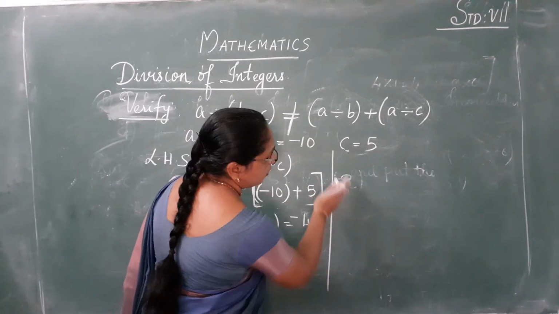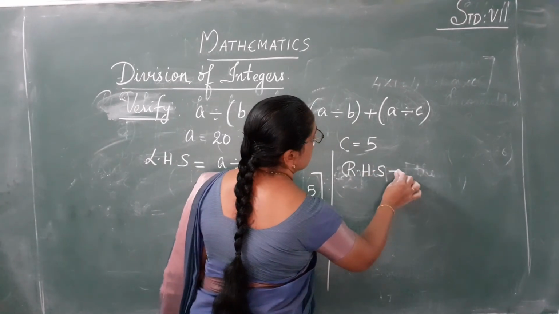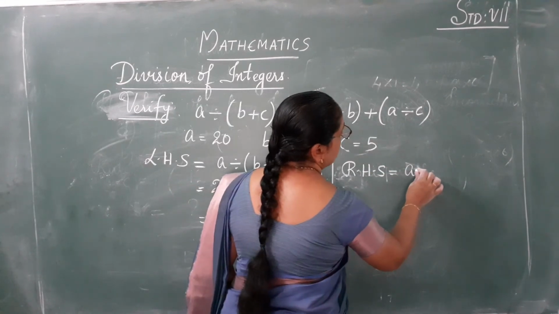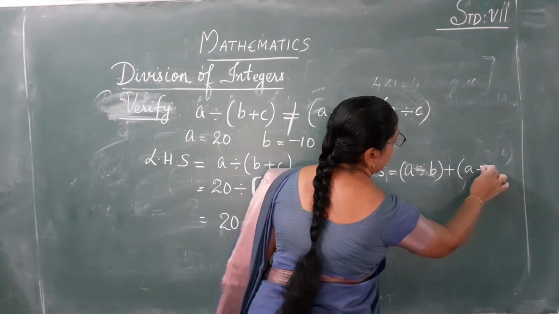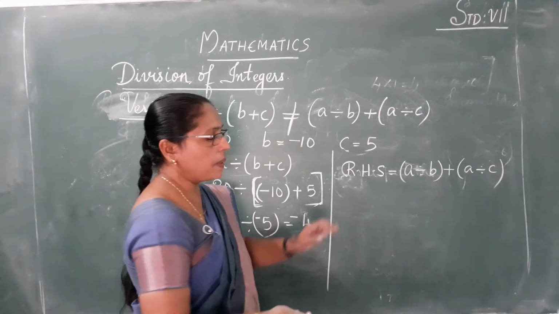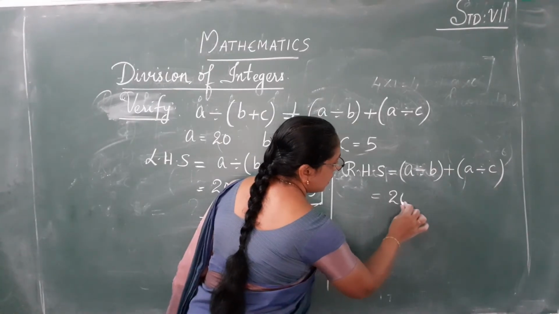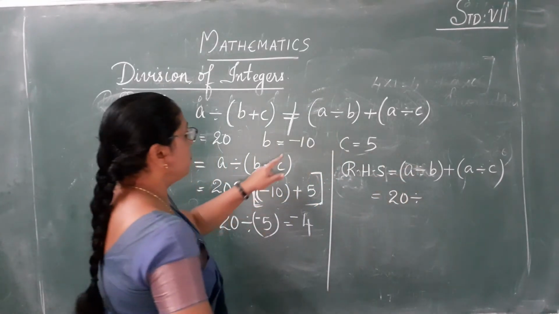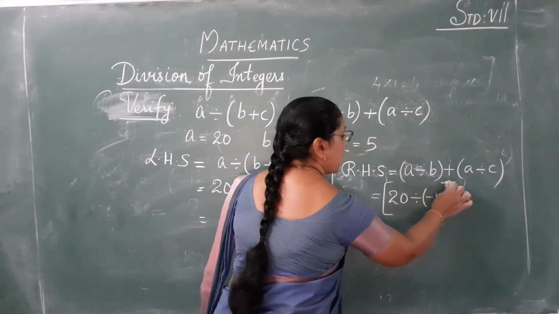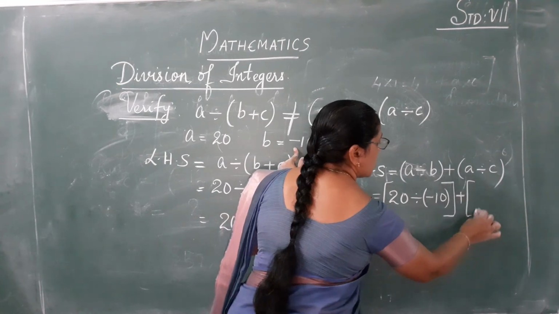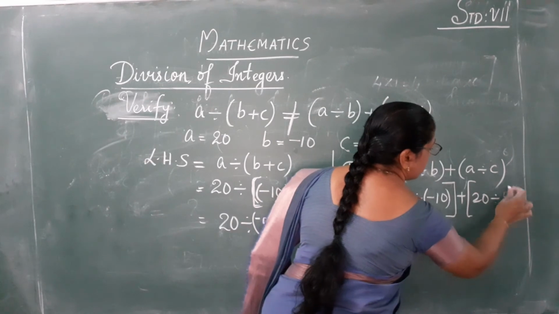Now we have RHS, the right hand side, which is equal to A divided by B plus A divided by C. Let's replace A, B, C by the values. We get A, 20, divided by B, negative 10, put a big bracket, plus 20 divided by C, 5.